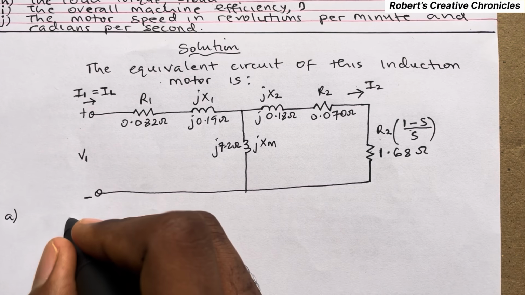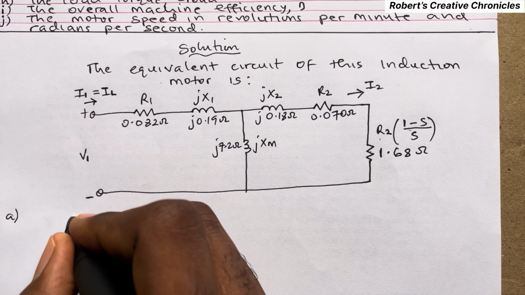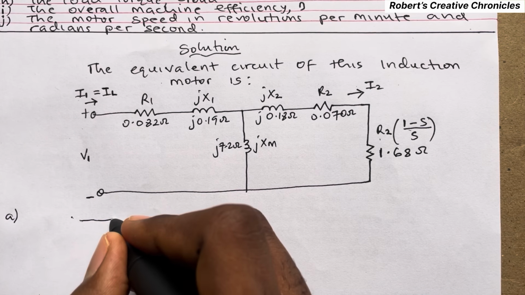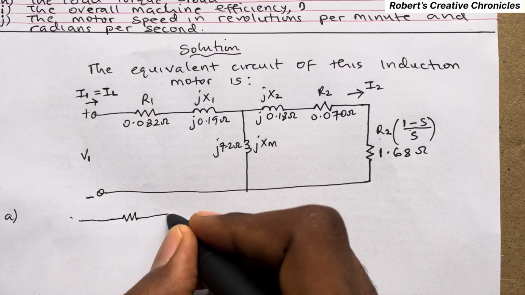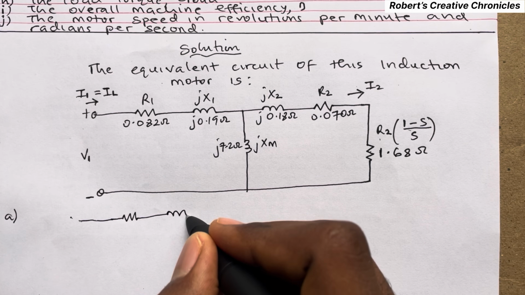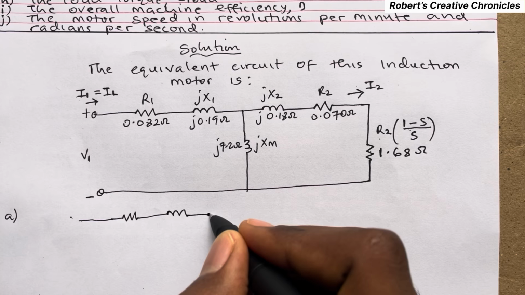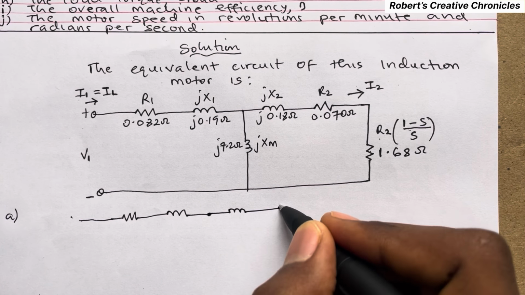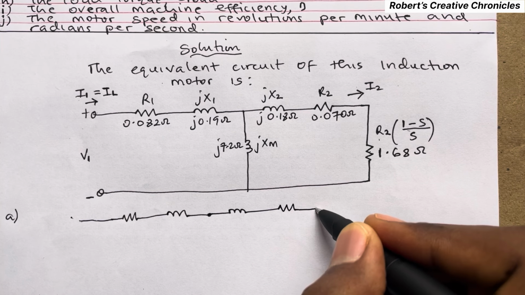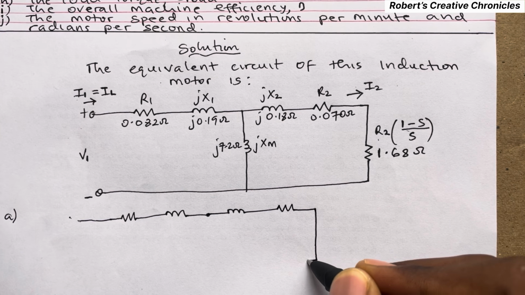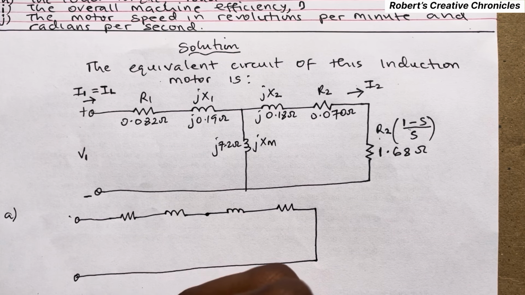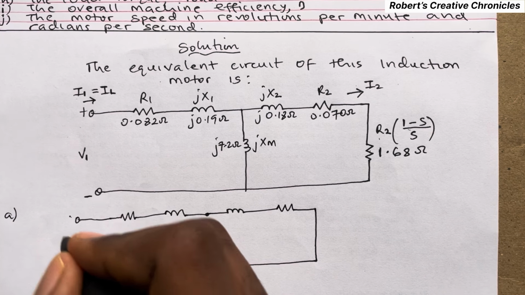To find the equivalent impedance, we have to redraw this circuit. This is V1.